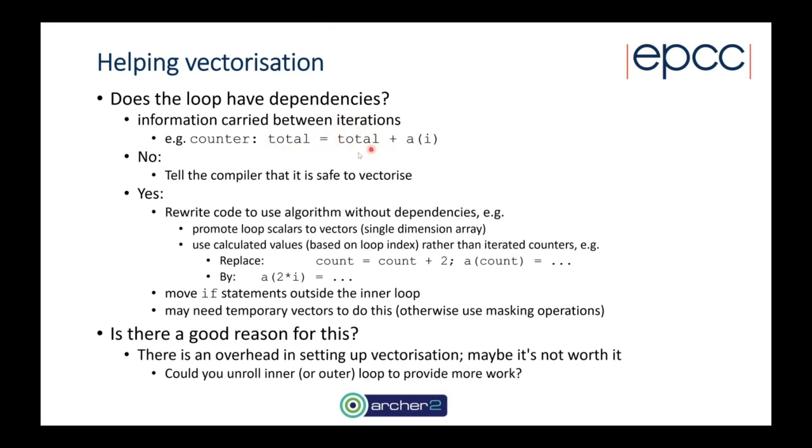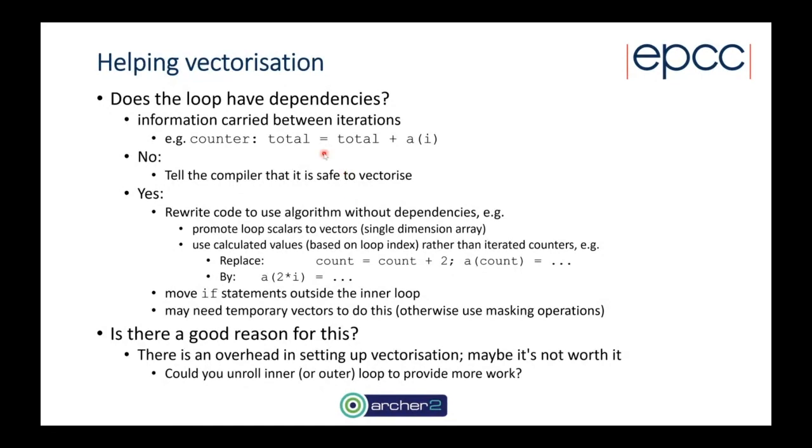Then each iteration uses a different element of total, and then once you've finished your loop, you can have a secondary loop at the end which goes through and adds that up. And of course, that's because all the data is already produced, and that probably is easier to vectorize.